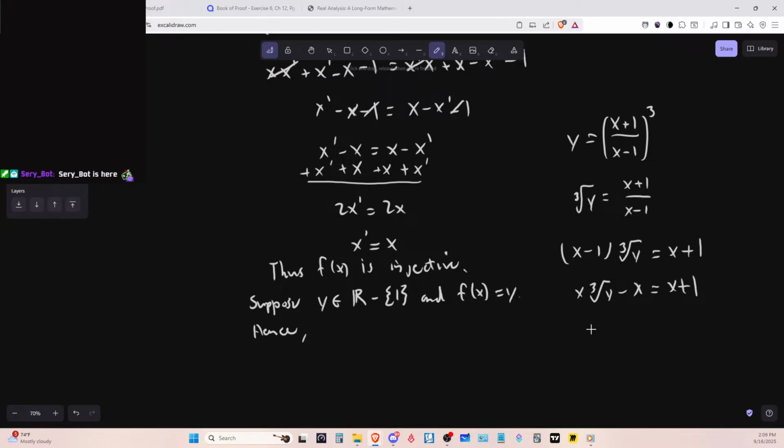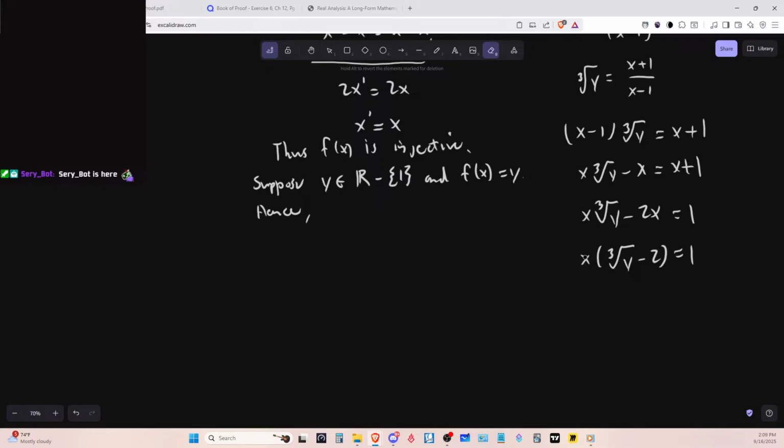Meaning that we can shift all this on one side here. So we get 2x. Yeah, because we have to minus this x on the other side. We get 1. Then we can remove this x, like so. Left the 1 here.